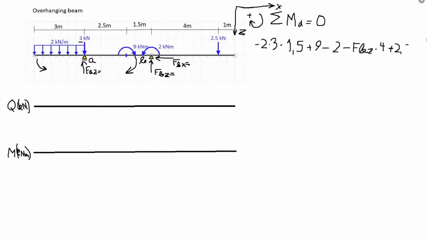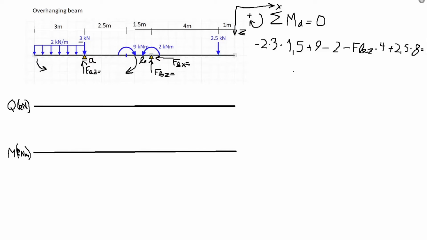And then finally we have this 2.5 kilonewton force, which creates a positive moment and has a moment arm of 8, and this whole equation has to be equal to 0.